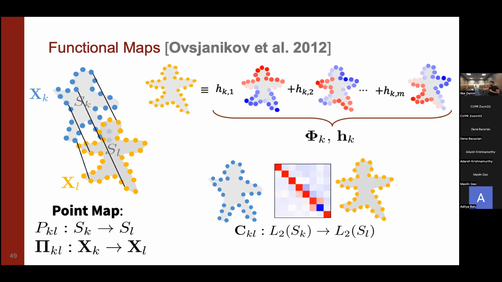That is a map between functions. And this map, if you know the basis functions, can be converted to a vertex-based map as well. So the moment you recover the functional map, you can recover the point-wise map as well. It's not going to be perfect, so it's still an approximation, but you can live with it.